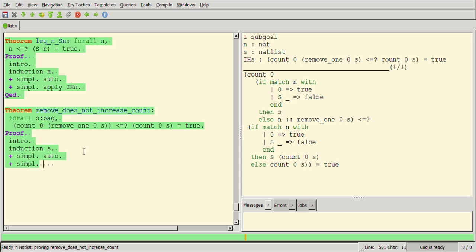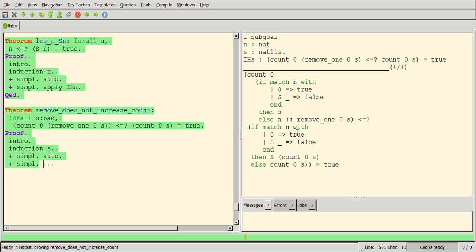So if we do case analysis on n, like if we use destruct n, then we would get two subgoals. In one subgoal n would be 0, while in the other subgoal n would be s followed by something. And that something may be renamed as n or n prime or any other variable. It's better if we rename it so that it is different from the original n.